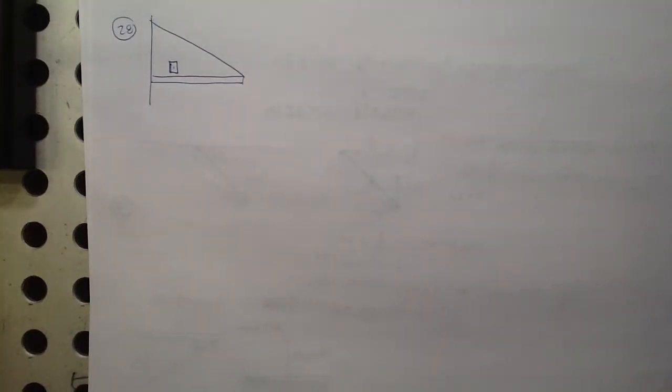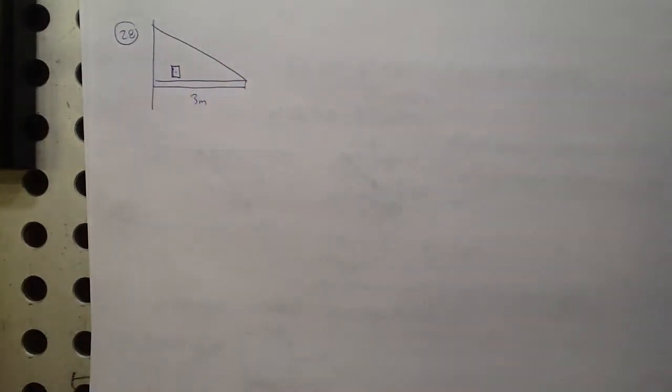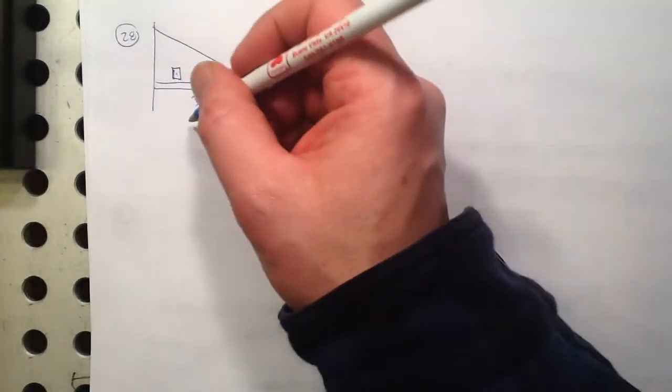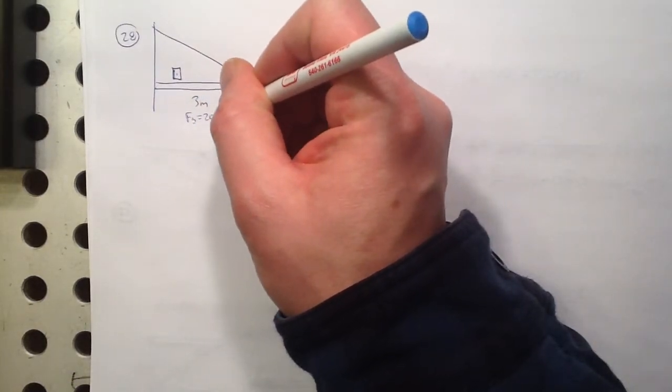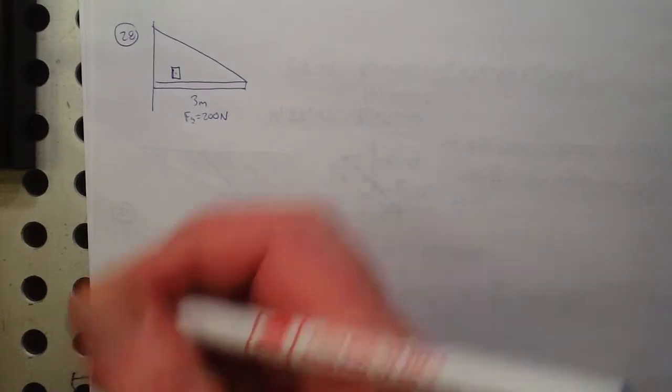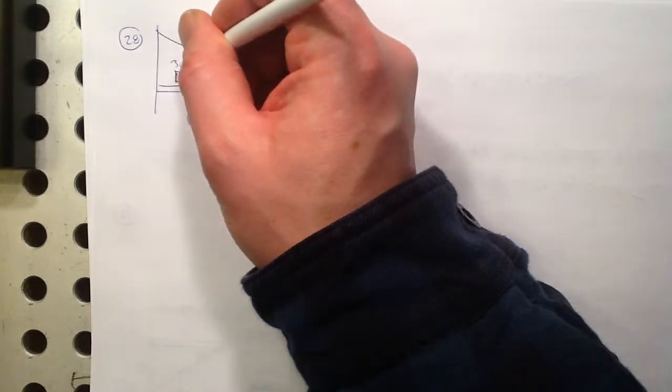In figure 1243, suppose the length L of the uniform bar is 3 meters and its weight is 200 newtons. Also, let the block's weight, here this block is 300 newtons.